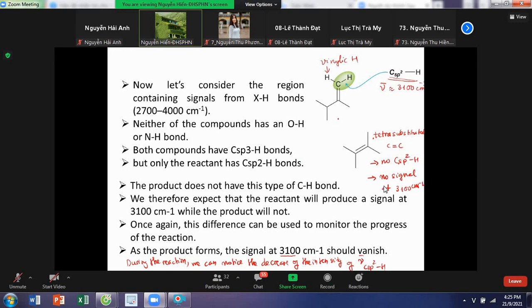I hope that you still remember how to draw the reaction mechanism that converts this double bond to this double bond. I hope you still remember the reaction mechanisms.